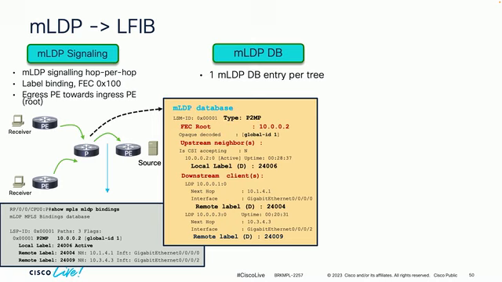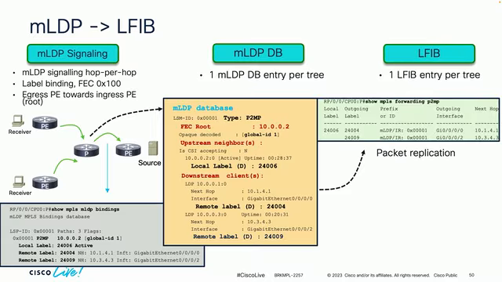This particular remote label is nothing but what the P has exchanged, saying that I'm expecting traffic for this given tree over this label, which is 24004, and the other PE has provided another local label of their own, which is remote for this P node.